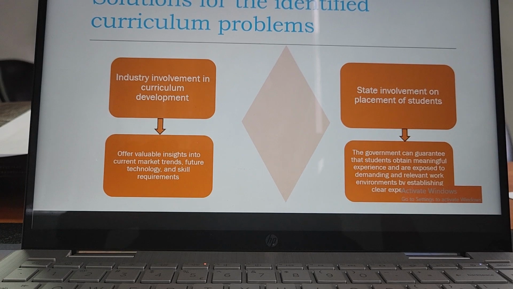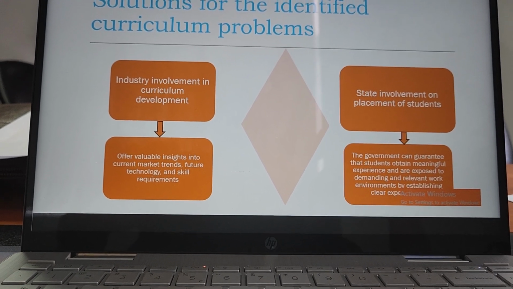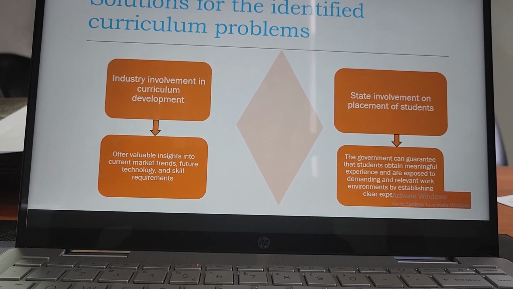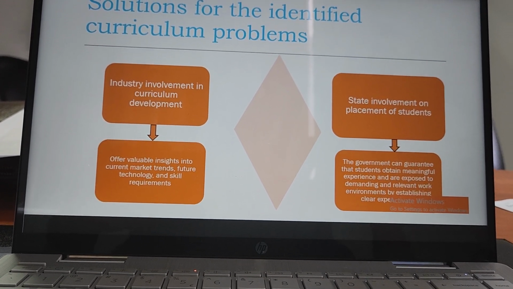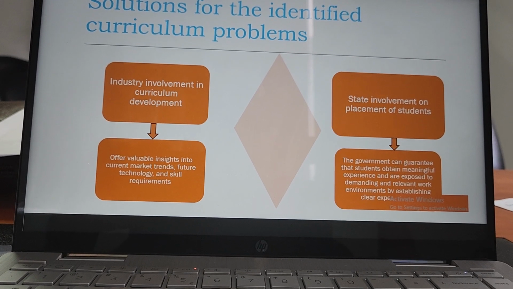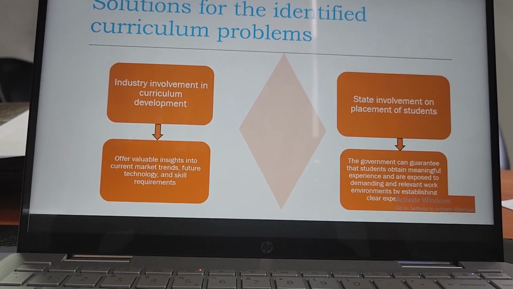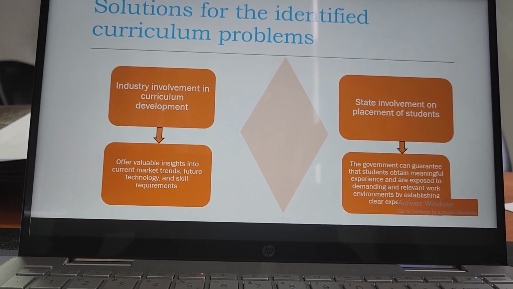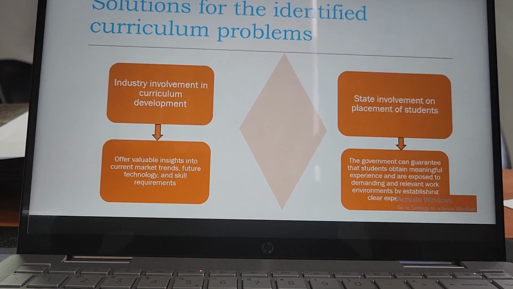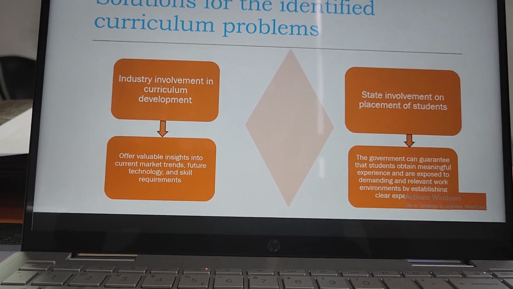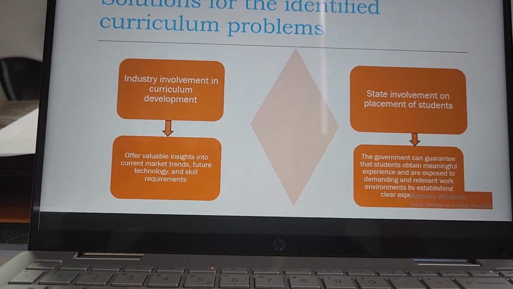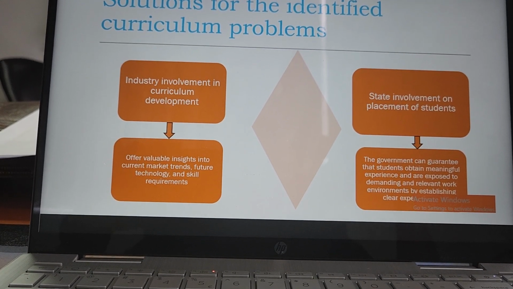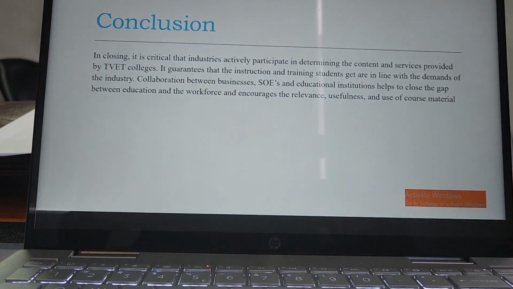Now, government can guarantee that students obtain meaningful experience and are exposed to a demanding and relevant work environment by establishing clear expectations. So with the involvement of state-owned enterprises and government legislation mandating them to take our students, they will be guaranteed the best environment by establishing clear expectations.